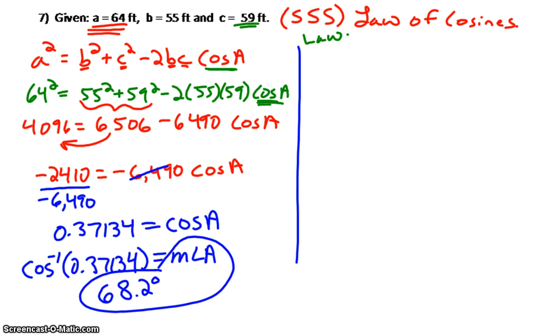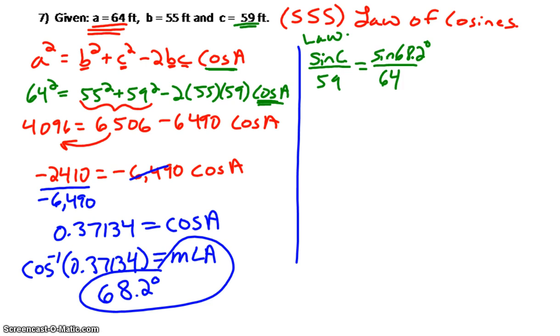So I want sine C. And to find sine C, I am going to have sine C over 59 equals, and in this case I found A, so I'll have my sine of A, which is 68.2 degrees, all over its value of its side of 64.